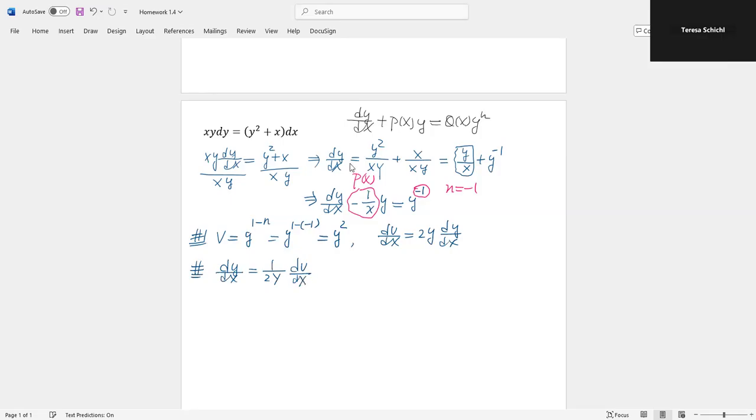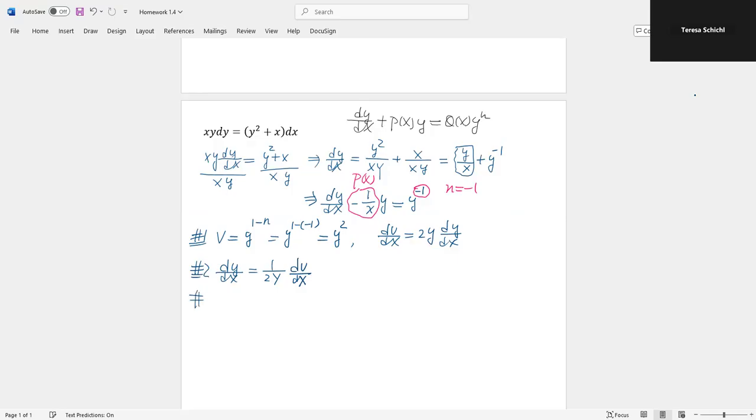Then the next step is to replace the dy/dx in my original equation with dv/dx. So now this is step number 2.